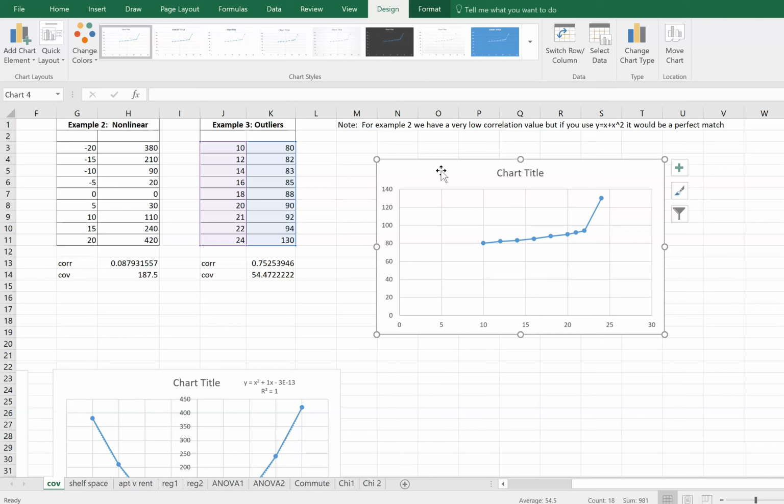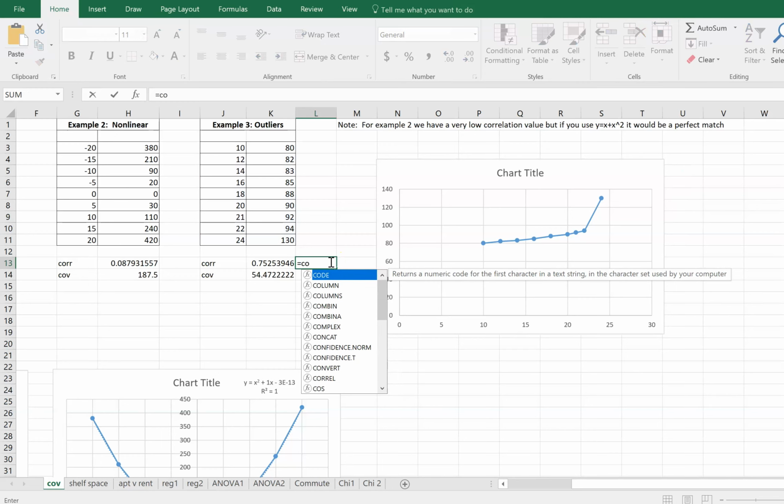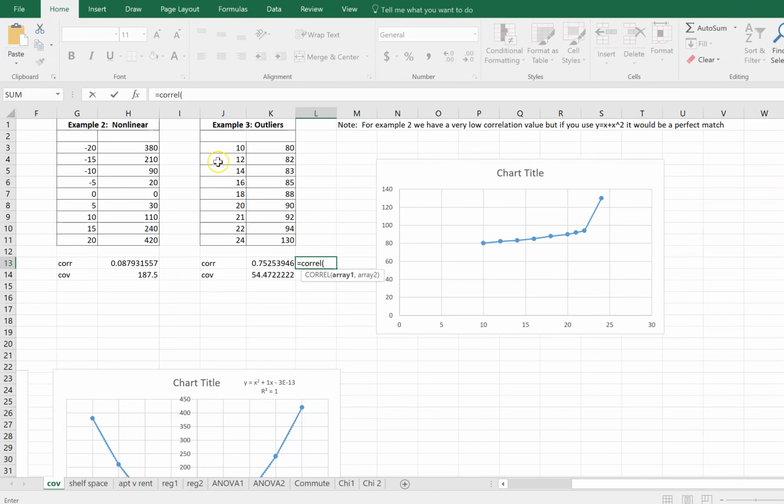My correlation says 0.75. It's not that strong. But I contend if I drop this value and measure the correlation for all the numbers except for the last one, look what happens. My measurement for correlation goes through the roof, gets really close to 1. And that means I have a very strong relationship as long as I focus on the values before the last point.